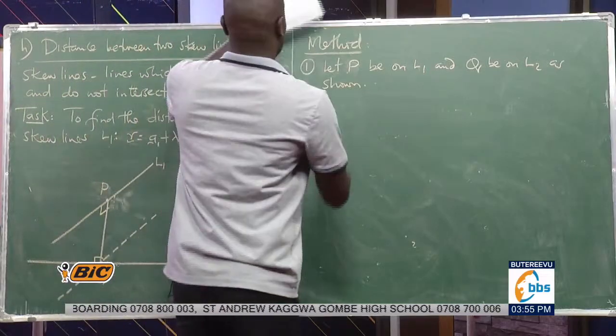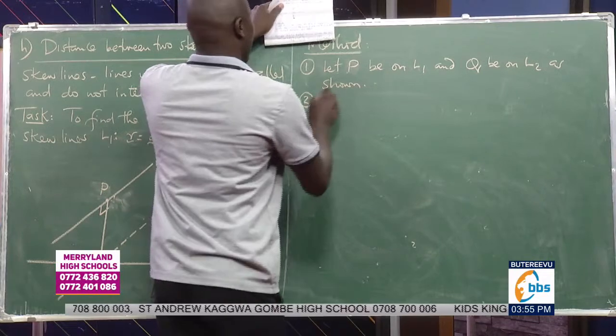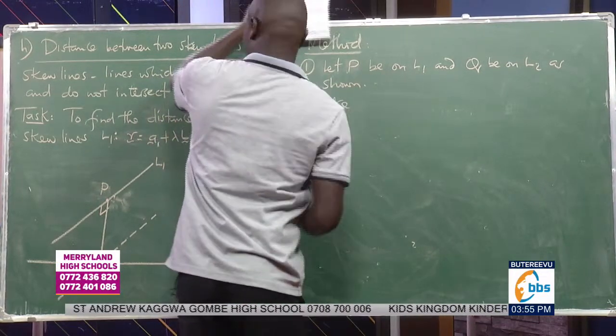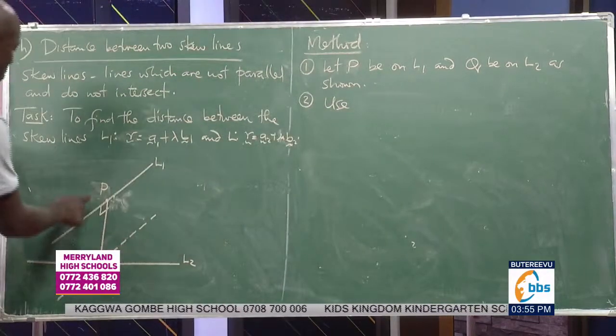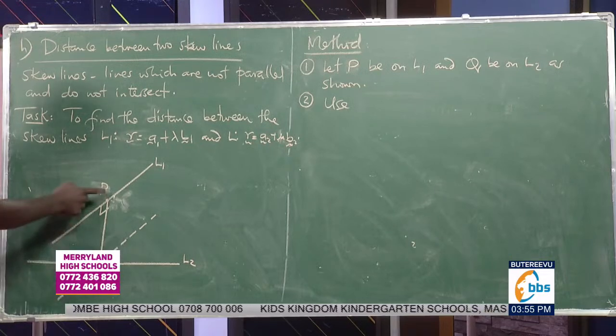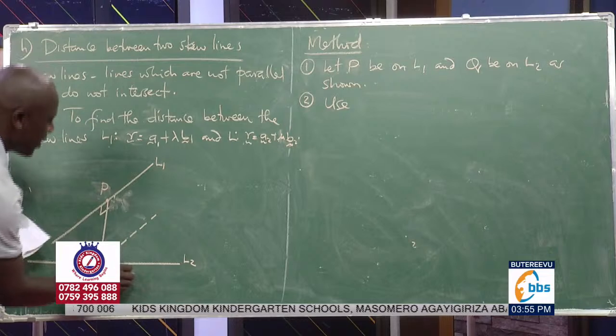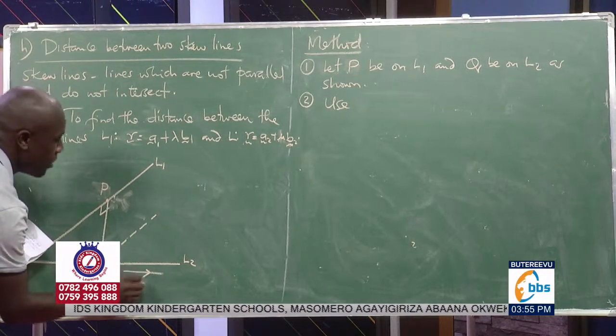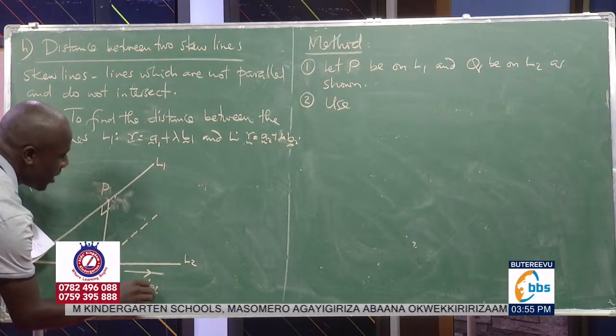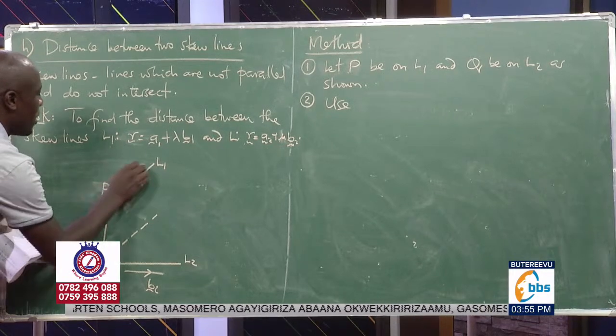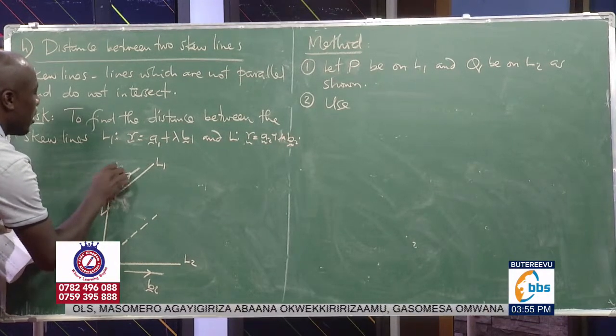Then two, you'll use PQ. You see the vector PQ is perpendicular to the direction of this line, perpendicular to b2. And it is also perpendicular to b1.